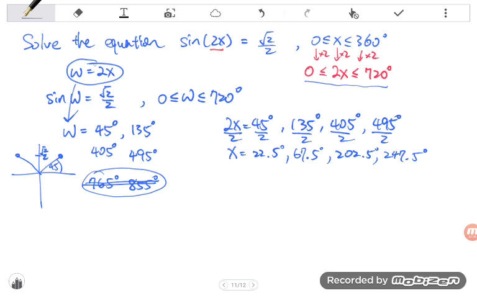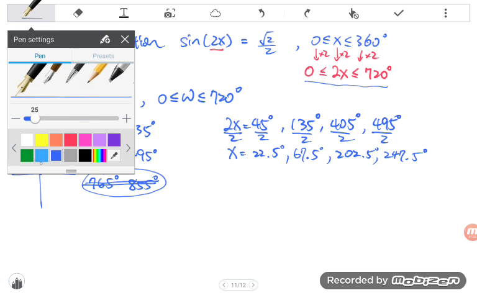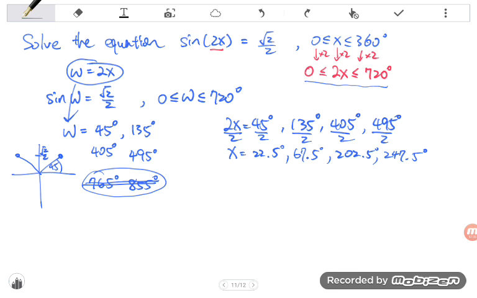And after that, I introduce a new variable, w, to represent 2x. Then I can change the original equation to look like that, and the boundary now applies to my w. Then I'm just going to solve it as how we have been solving trig equations that I showed you guys in the previous videos.